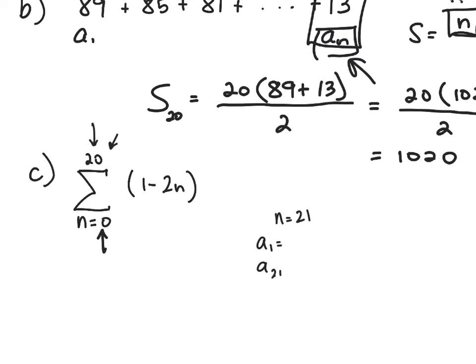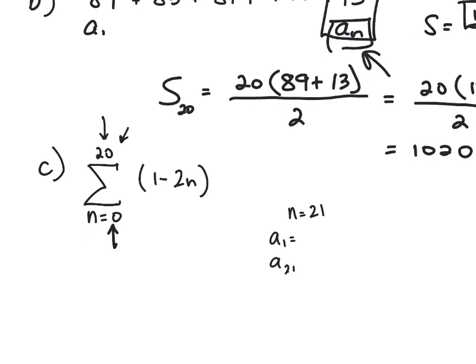So maybe to illustrate this a little better, if we were to write out a couple of terms in this sequence, we start with an n value of 0. So you plug in a 0 there. 1 minus 2 times 0 is 1. Now you increase the value of n, so now n is going to equal 1. 1 minus 2 times 1 is negative 1.